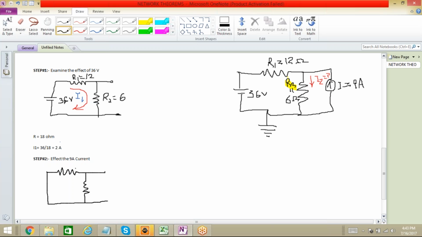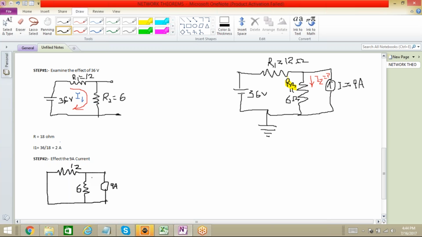In a similar way, our current source will also be there, the 9 ampere current source. Resistance is again 12 ohm. R2 is again 6 ohm.